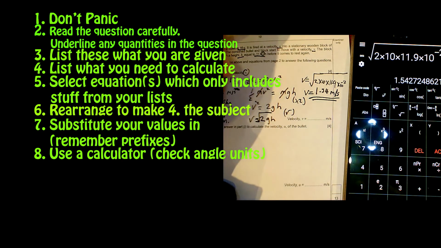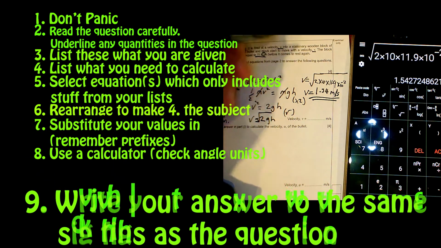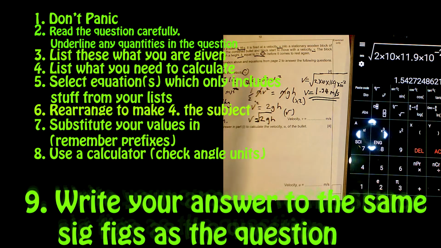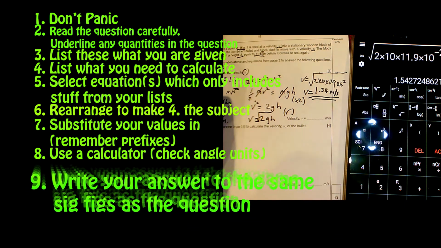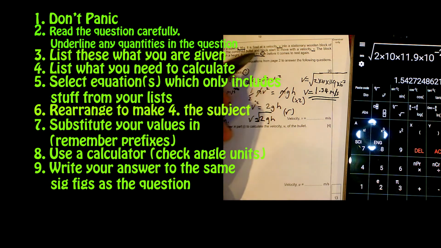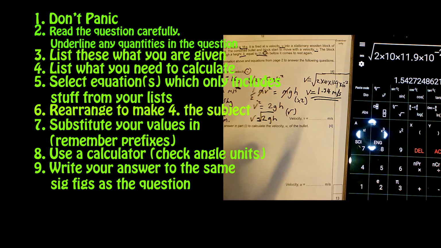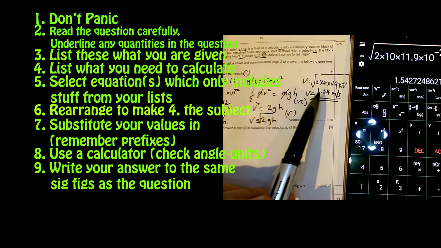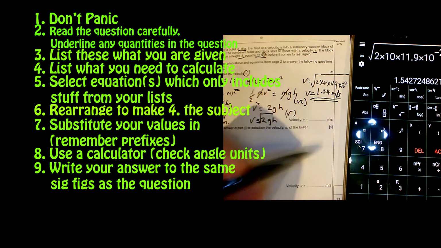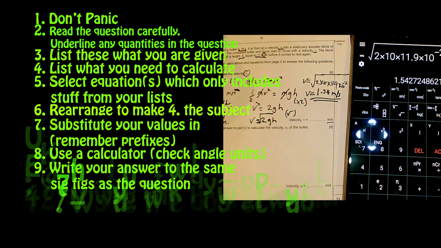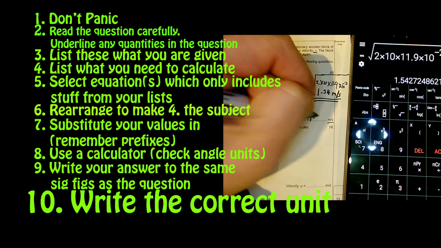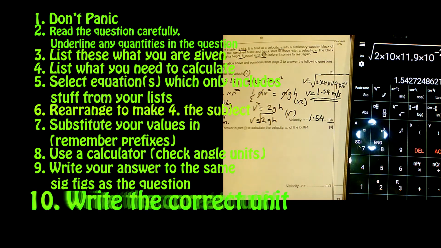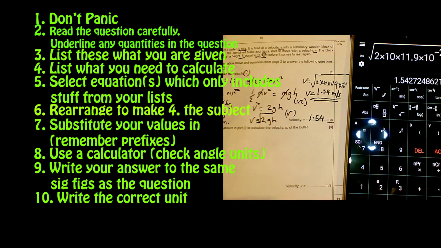Step 9 is write it to an appropriate number of significant figures. If we look at the question, I've got 2, 2, 3 significant figures, so I'm going to write this to 3, rather than write out my whole calculator display. The unit they give me in this case, so I could get away with it, but 1.54. And that's how we do that part of the question.